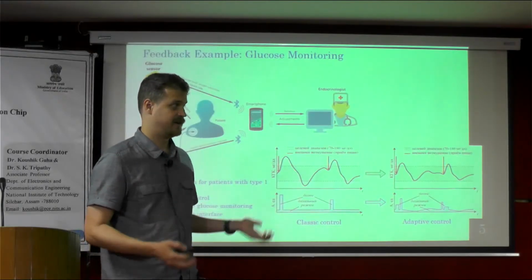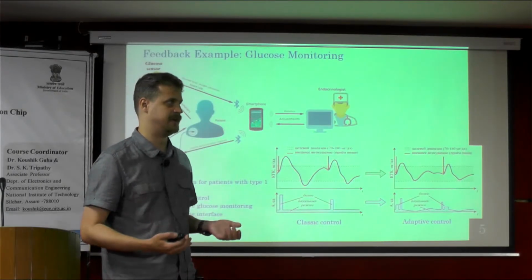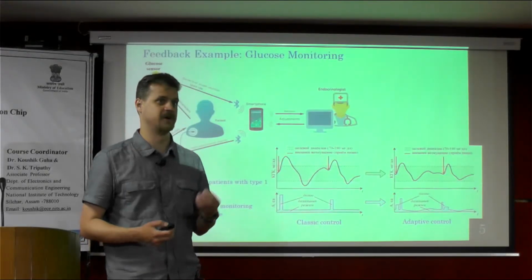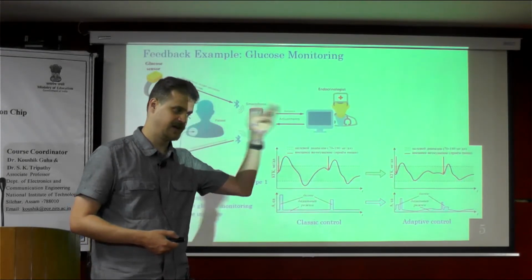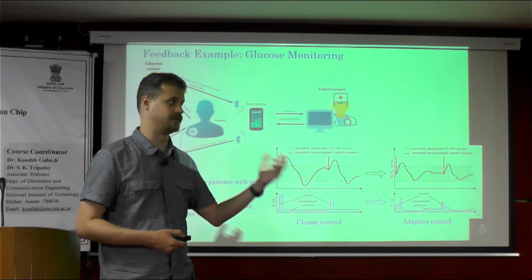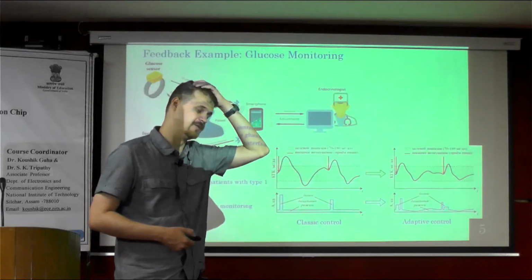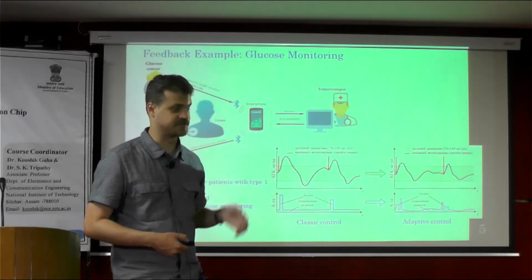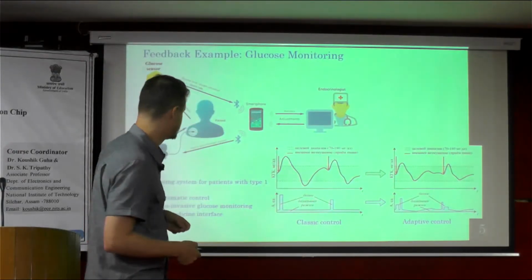So the golden goal of glucose sensing would be a non-invasive approach that does not require blood sample collection, and a type of sensor that could continuously monitor the glucose concentration in a patient's bloodstream.